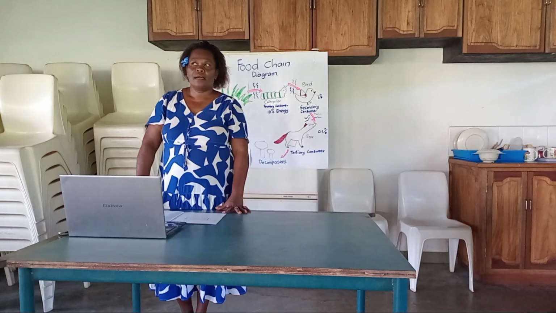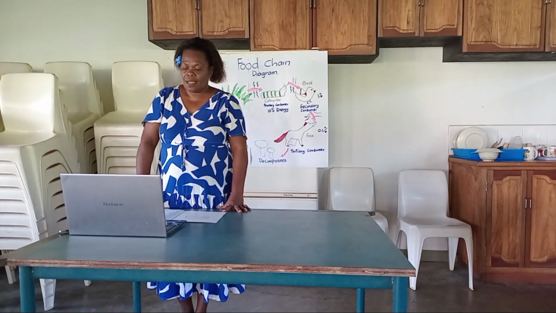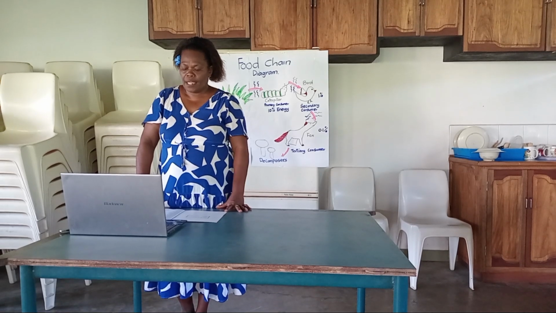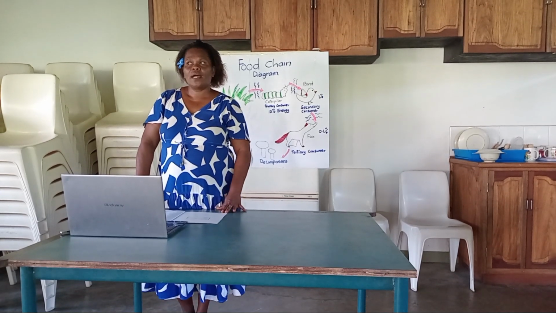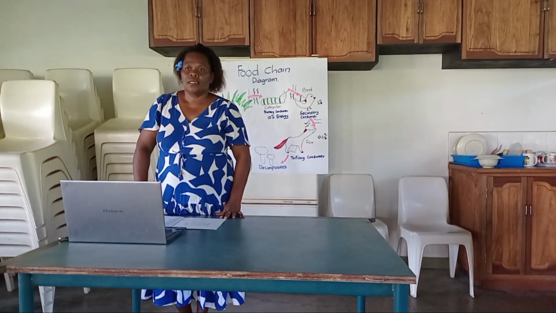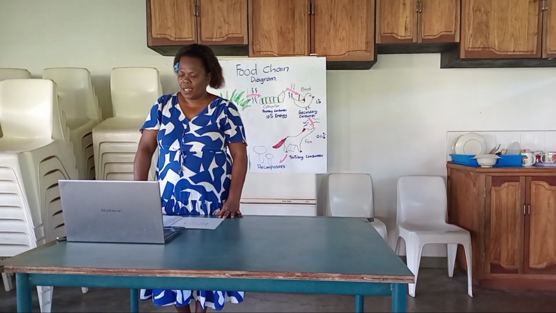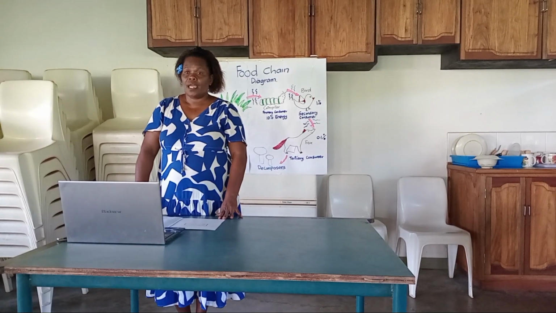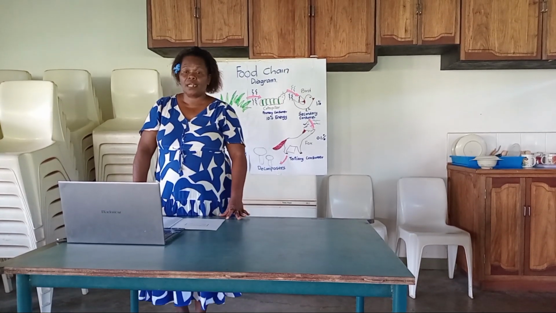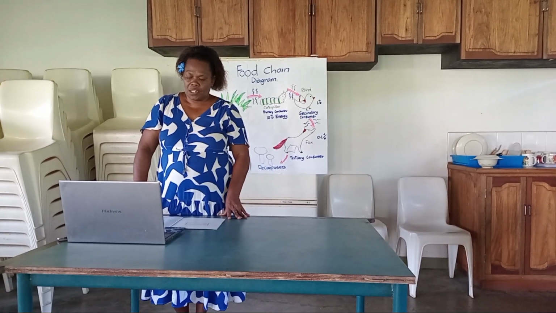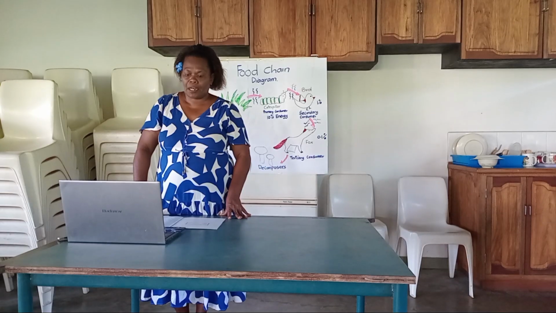Okay, my topic is ecology and food chain. What is ecology? If you have heard that word, ecology is the study of how living things interact with each other and the environment.